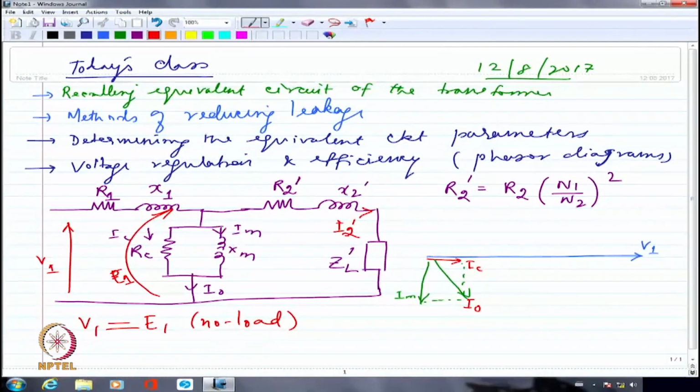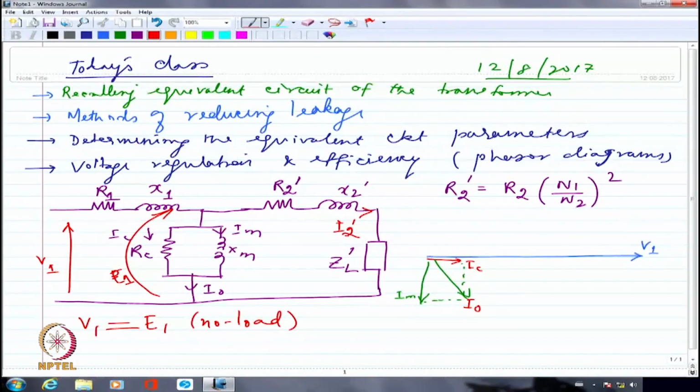I have to call it as I2 dash. So I will have some I2 dash, and its phase angle depends upon what kind of load I have connected. If I have connected a highly inductive load, I2 dash will be lagging behind V1 or E1 for that matter by a very, very large angle.